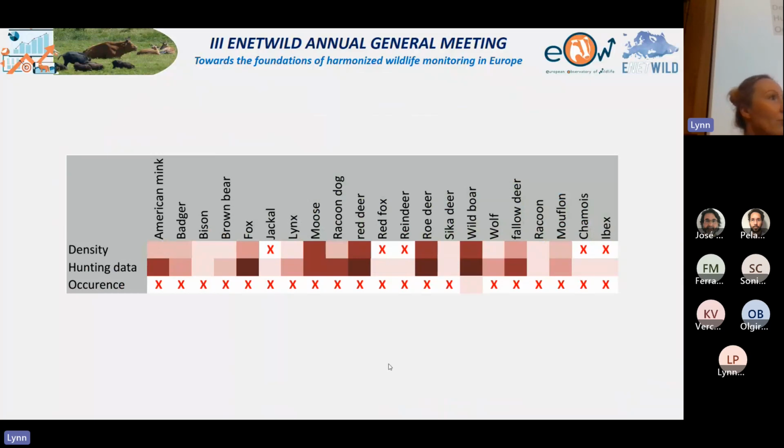But if we look through any media information, we see that hunting data is the basic information covering most of the species from most countries. So this is the source on which we should rely when looking for hunting data, especially since densities are also sometimes calculated in the areas where you have hunting clubs and hunting is going on.